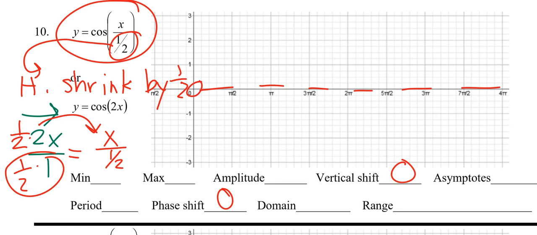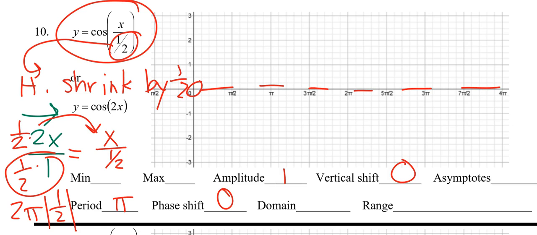Okay, see if you can handle. Since we did a horizontal shrink, what is the period? What is half of the old period? 1 pi, right? If 2 pi was the original, and you cut it in half, you would be at 1 pi. Amplitude? Still 1, right? Because we did not change the vertical, only the horizontal.